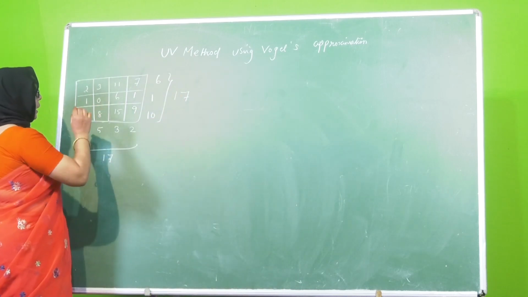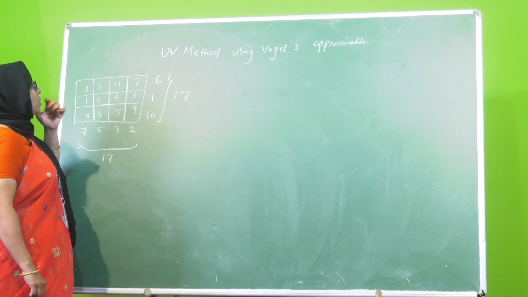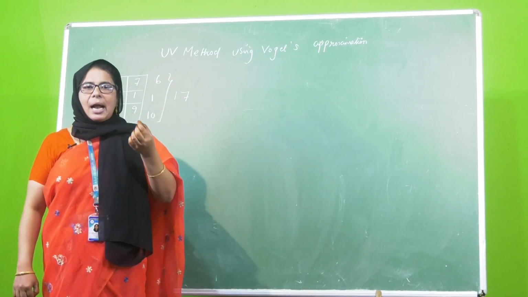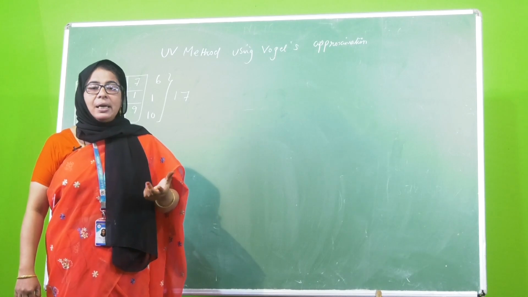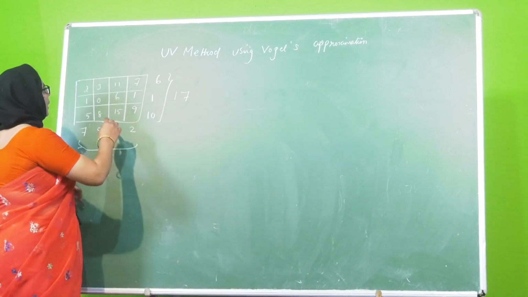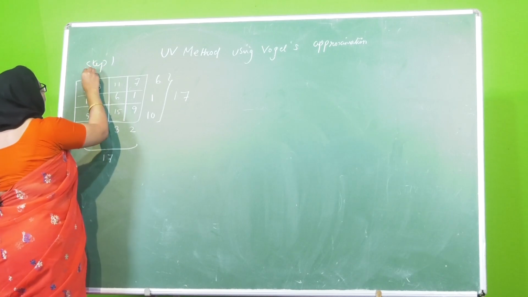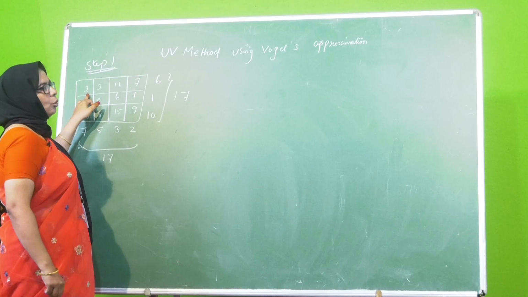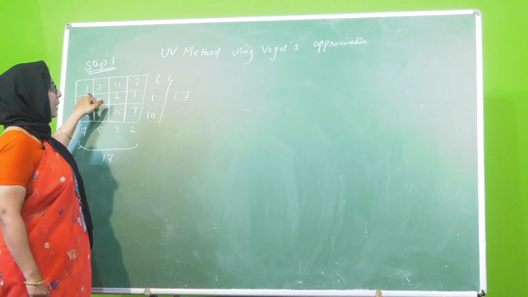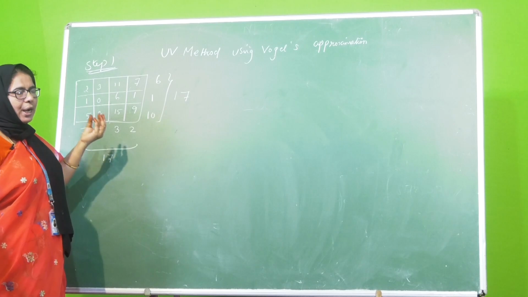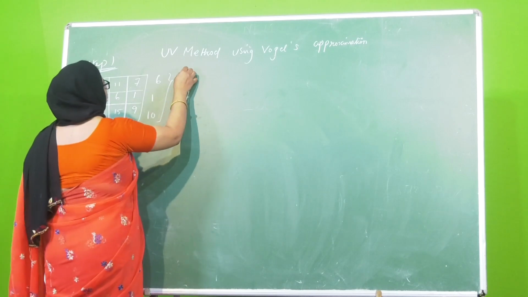So, how can we solve the problem? In each row we find the minimum element and the next minimum element, and the difference between these two. What is the least element in row 1? 2 is the least element and the next least is 3. The difference between 3 and 2 is 1.